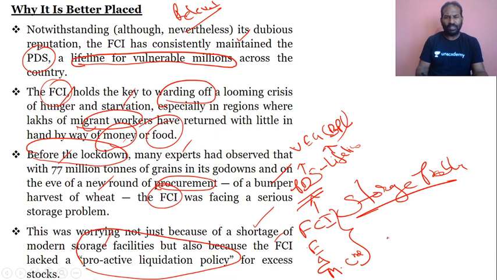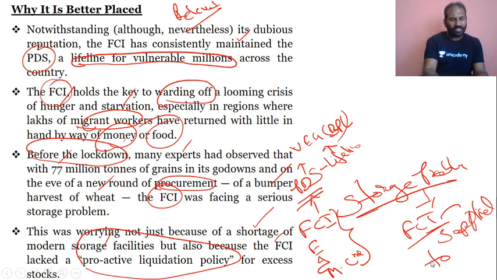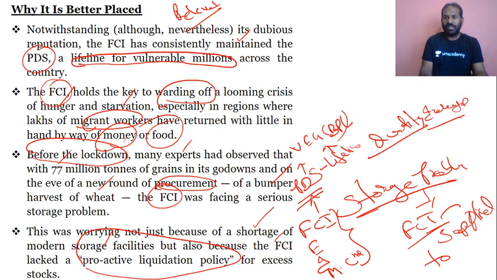Whatever stock is there, they have to make sure that it is not lying in the FCI godowns, but is supplied to the vulnerable sections. Or else the quantity can be increased. But if the quantity is increased, and all of a sudden a pandemic-like situation arises, and we are not in a position of self-sufficiency, again that will be a cause of concern.